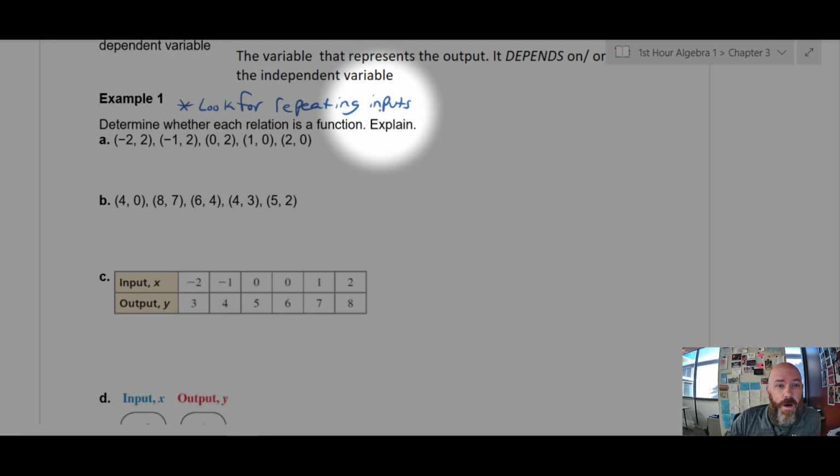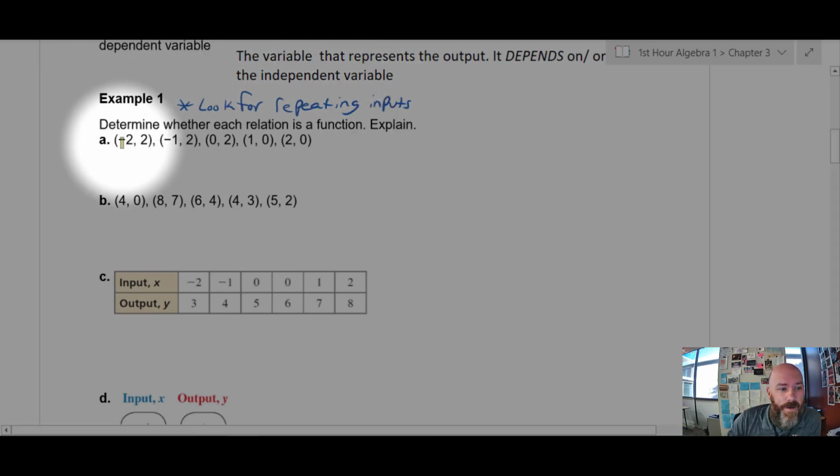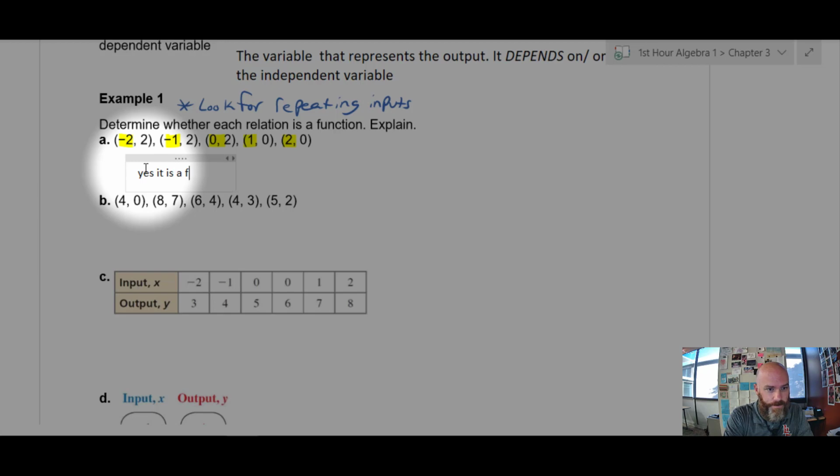Okay, so let's look at all of the inputs here. I have a -2, -1, a 0, 1, and a 2. So there are no repeating inputs. So this we would say is, yes, it is a function, because each input has exactly one output.